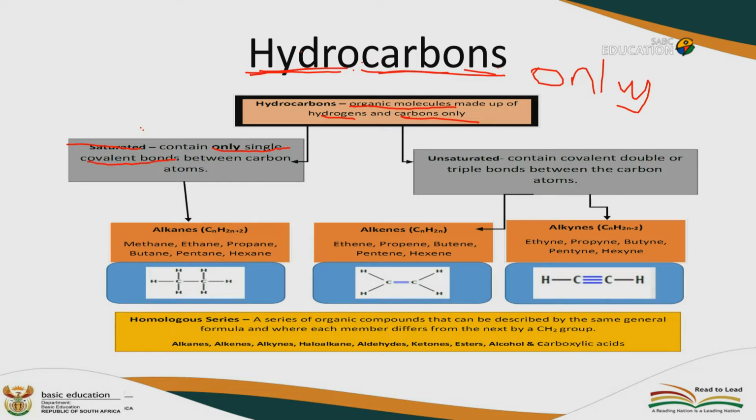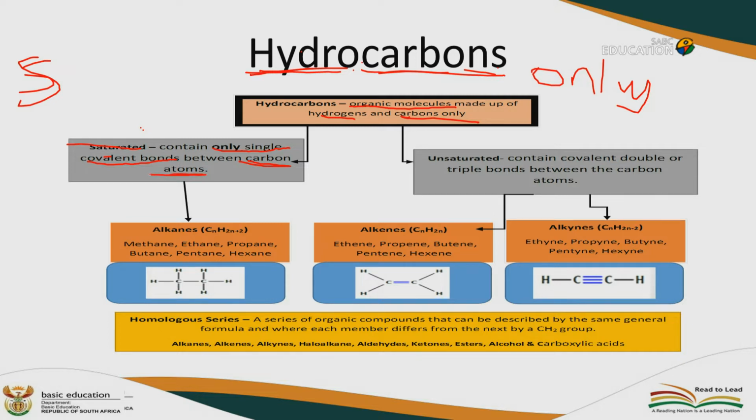Remember, saturated is only single bonds. So all saturated hydrocarbons have no double bonds and no triple bonds. They have single bonds between carbon atoms. The keyword there is between carbon atoms.